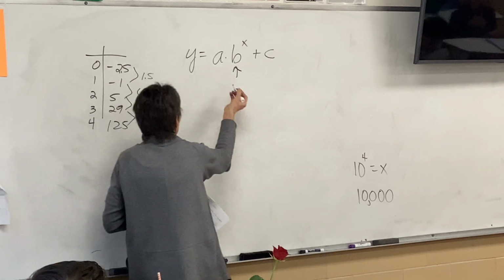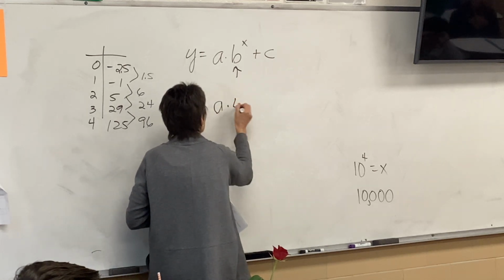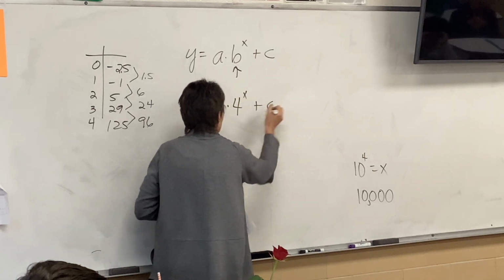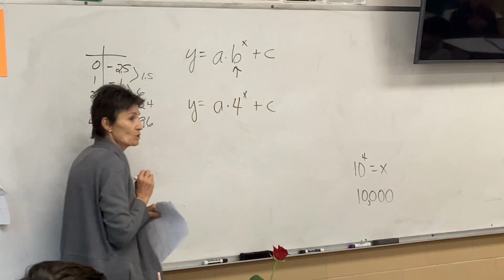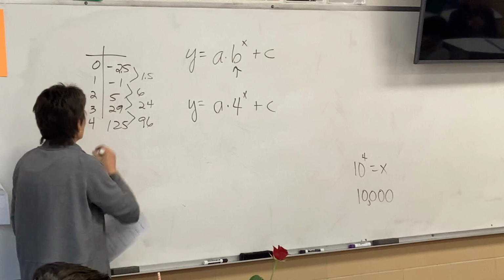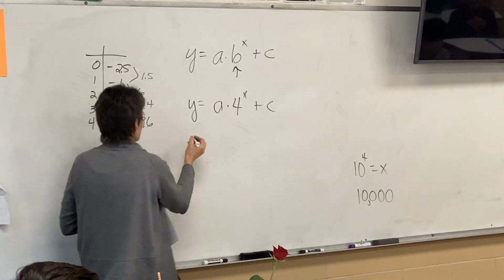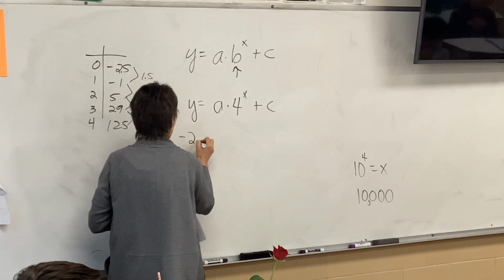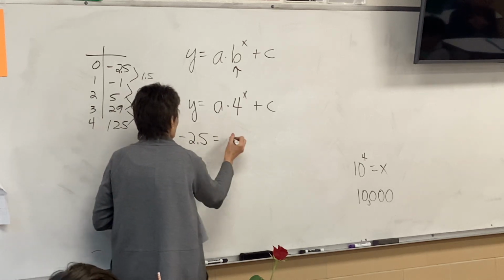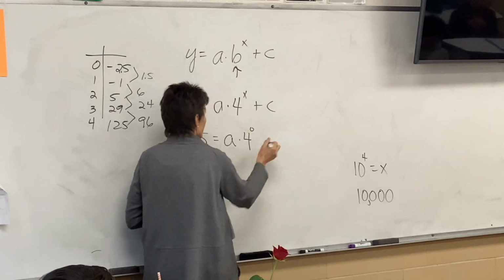Okay, so now I know my equation is a times 4 to the x plus c. This is my equation. So I'm going to pick an ordered pair. We could use the first one, and I'm going to plug it in. So -2.5 equals a times 4 to the 0 plus c.